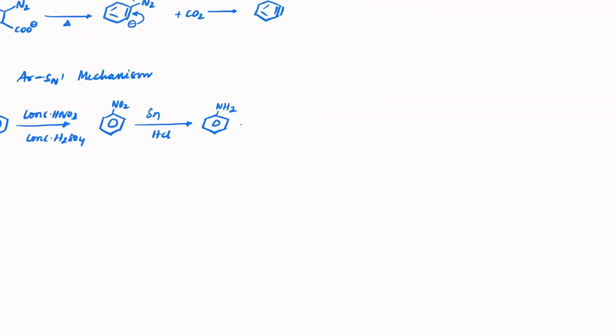And aniline, when you react with HNO2, converts into something called a diazonium ion. This will always have a chlorine with it, so that's why it is called benzene diazonium chloride.